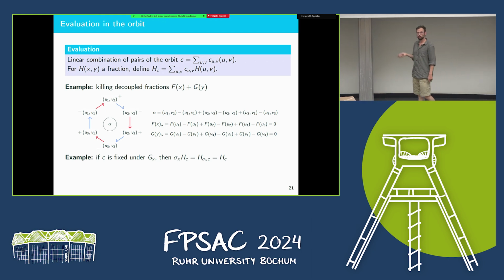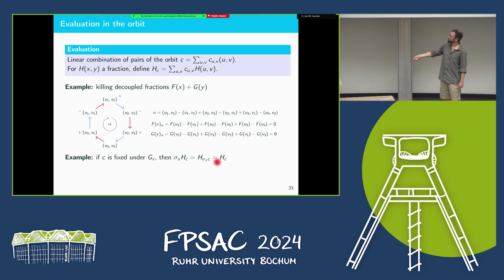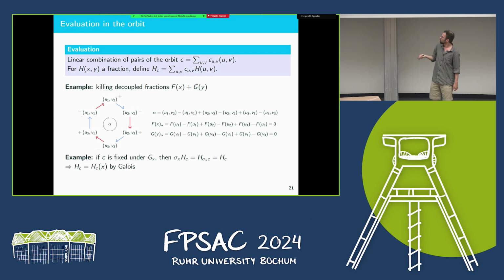It turns out that the evaluation commutes with the action of the Galois groups. And therefore, if you find linear combinations which are stable by the action of the group Gx, then Galois theory asserts that it is a function of x.